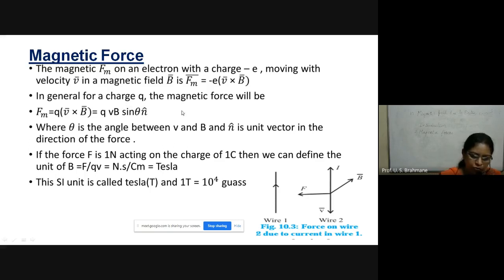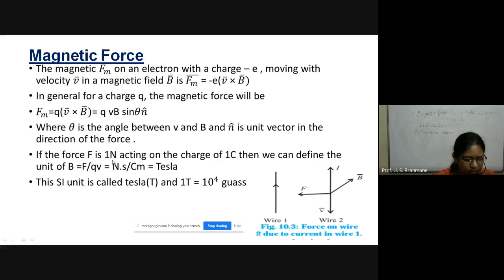The magnetic force will be Fm equal to q in the bracket v cross B, which is equal to qvB sin theta n cap, where theta is the angle between v and B and n is the unit vector in the direction of the force.